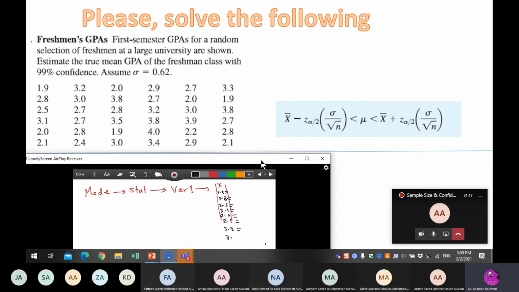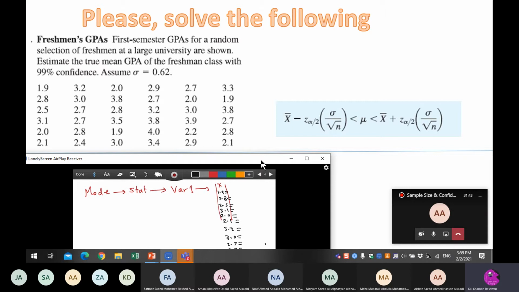And 3.0 equal, 2.7 equal, again 2.7 equal, 2.8 equal, 2.4 equal. Can you complete it, please? 2.0 equal, 3.8 equal.